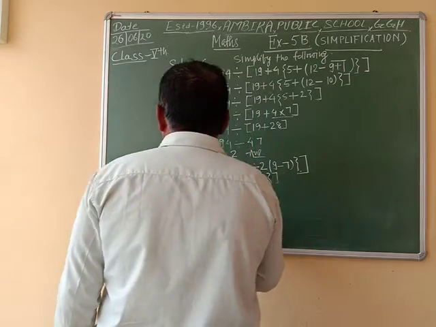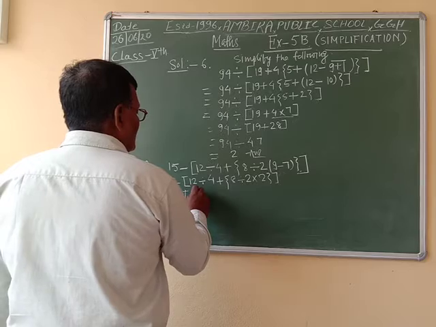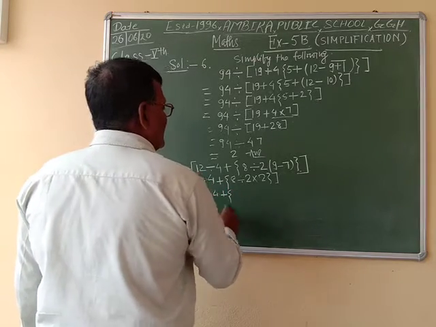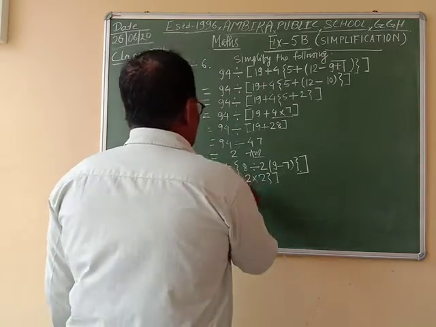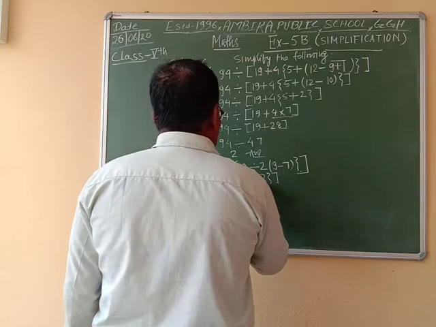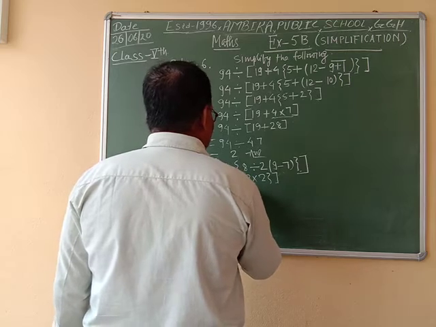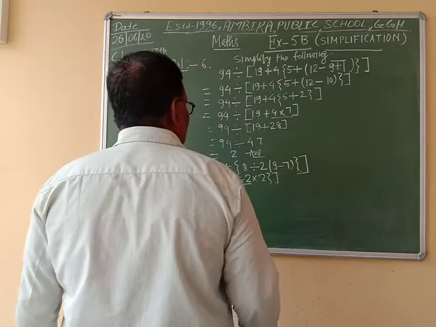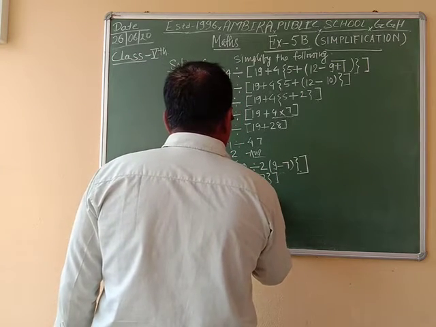Bracket closed, is equal to 15 minus 12 divided by 4 plus 8 divided by 2 into 2. We perform the operation division. 8 divided by 2 is equal to 4 into 2.